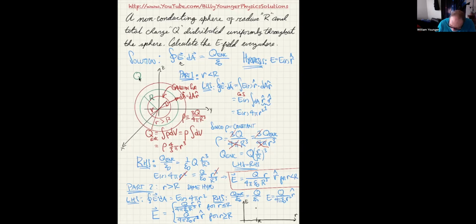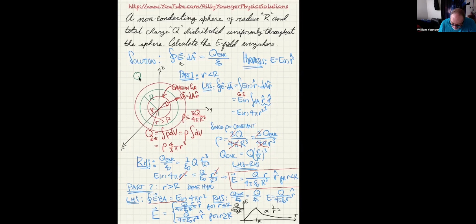So it's going to look just like this, and it goes through the origin. And this value is Q over 4 pi epsilon naught big R squared. And then from there on out, it falls off like 1 over r squared.